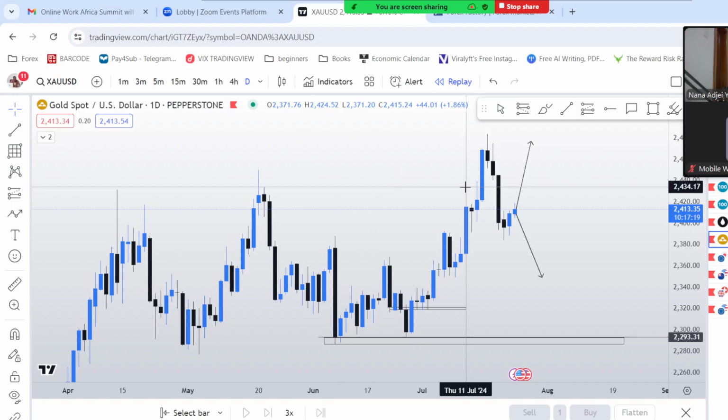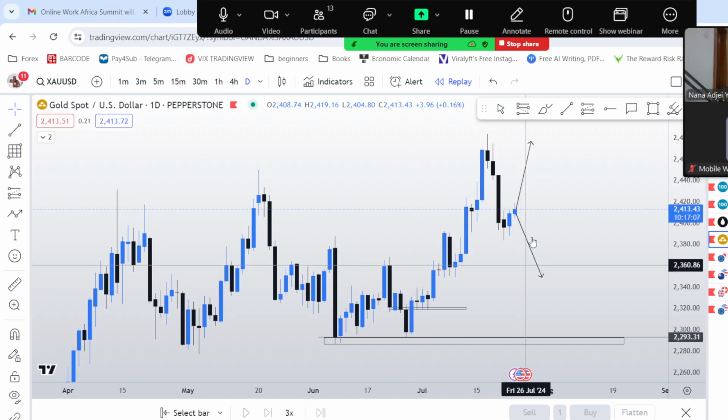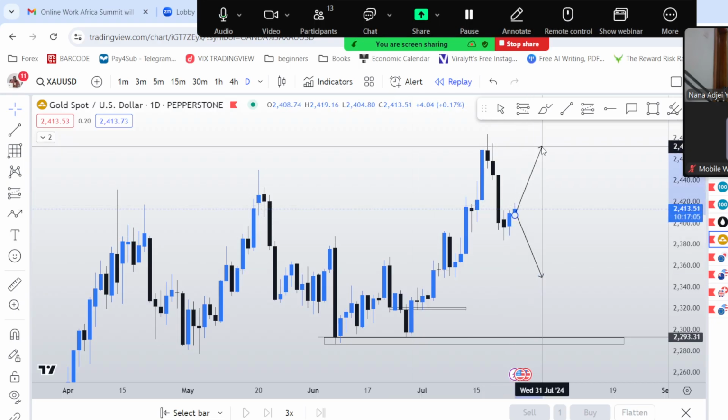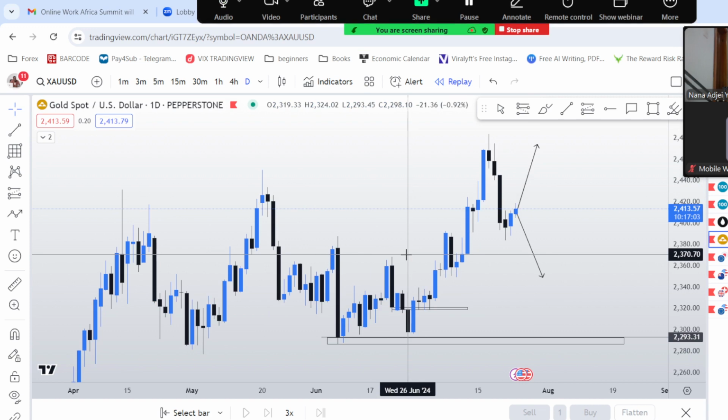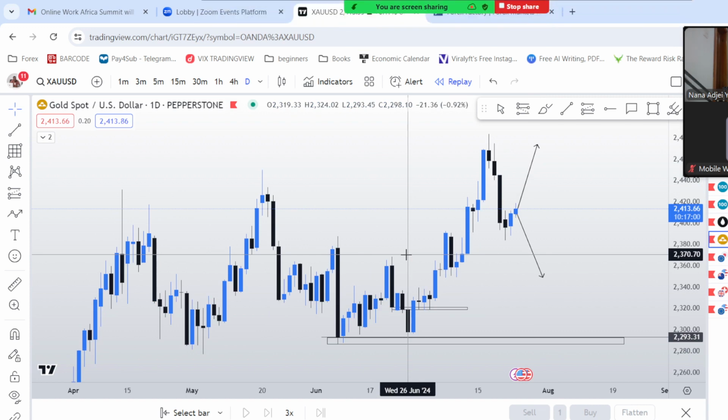If you are with your laptop, you can quickly head over to your browser and type tradingview.com. If this is your first time using TradingView, you definitely have to create an account, either with your Google account or Facebook account, or you can create a TradingView account with your email.